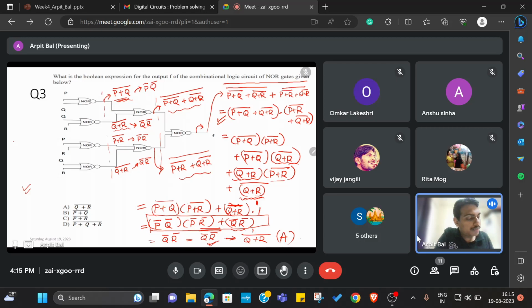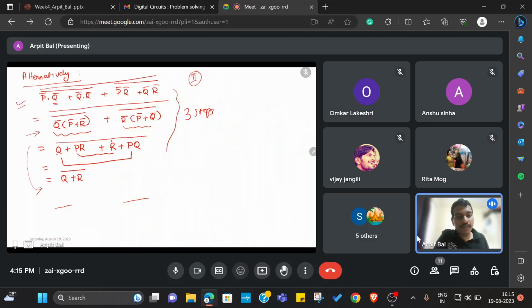So I do P plus Q whole bar at this node. Same thing I do at this node, this node, this node, and all the nodes. And then we try to simplify the complete expression. But we observed that it becomes a bit lengthy and complicated by this method. So we thought, was there any other alternative method possible?